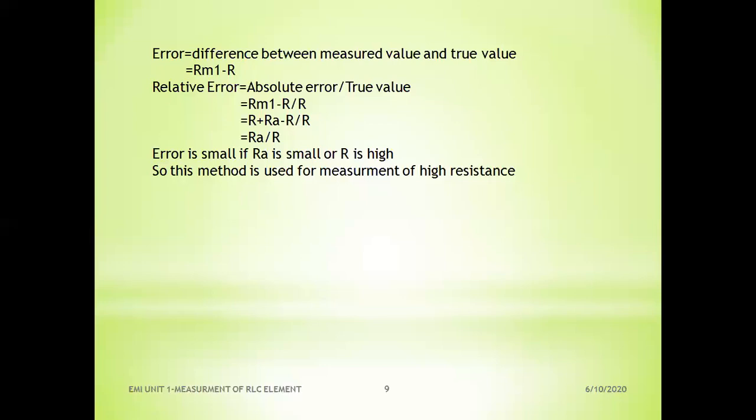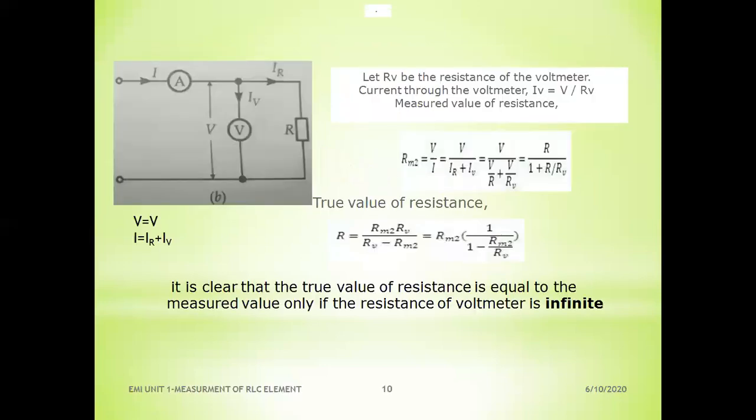Now, next case, that is for this kind of connection. Similarly, the ammeter has some internal resistance RA, and the voltmeter has some internal resistance. Let Rv be the resistance of the voltmeter and the current through the voltmeter be Iv.